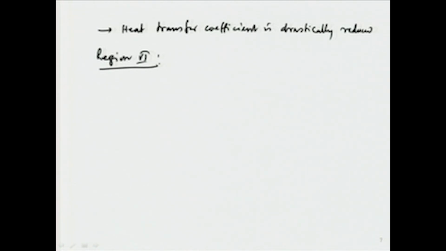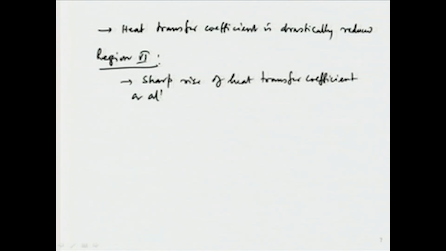Again we see there is a sharp rise of the heat transfer coefficient, or alternately the heat flux. I am sorry, heat flux itself is there. So, there is a sharp rise in the heat flux, and this is happening.